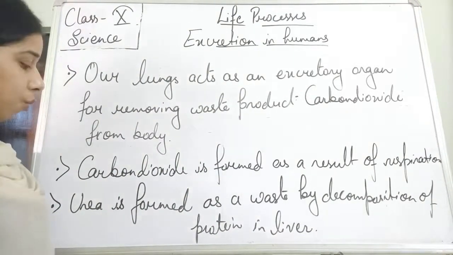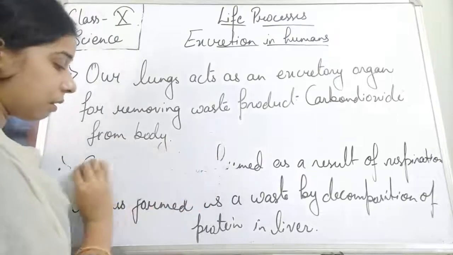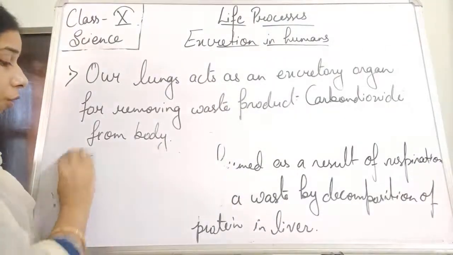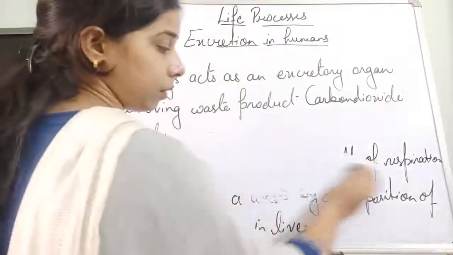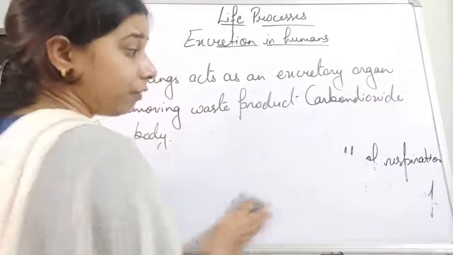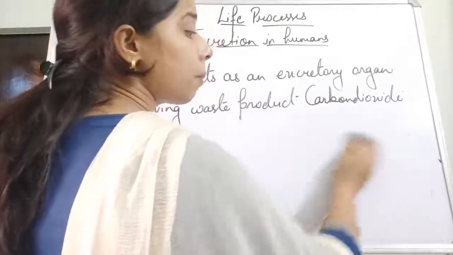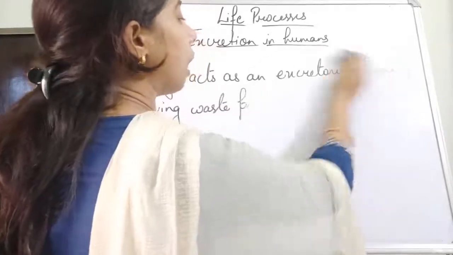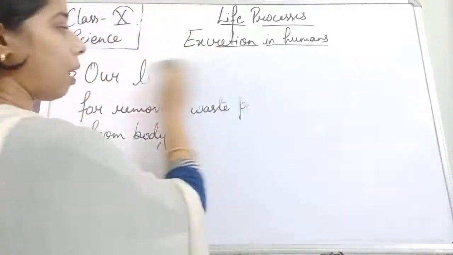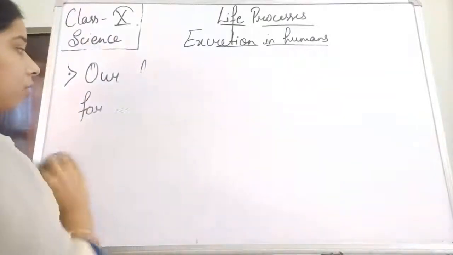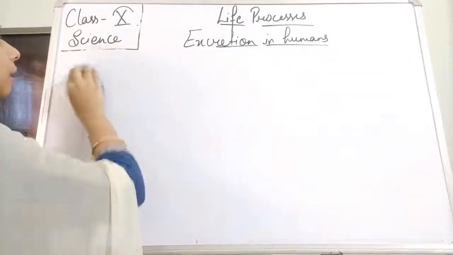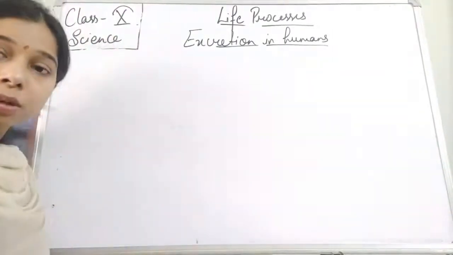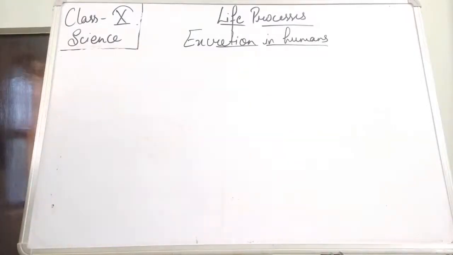Now let us try to understand the excretory system which helps in getting rid of the protein that gets decomposed, which is present in our liver. So how is urea removed from our body? How does our excretory system work, students?